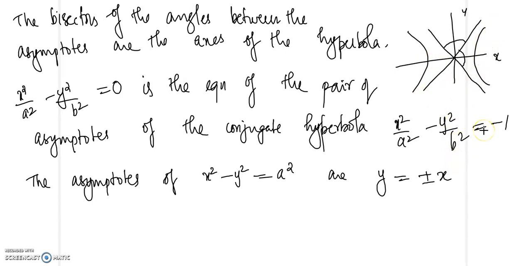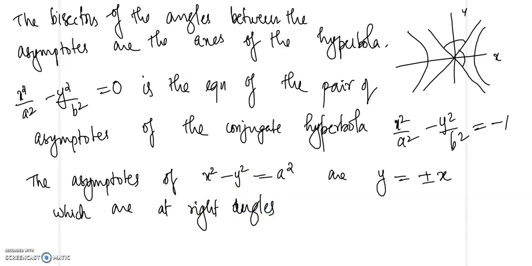So you have the lines y equal to x and y equal to minus x, and the angle of intersection will be 90 degrees, which means they are at right angles.